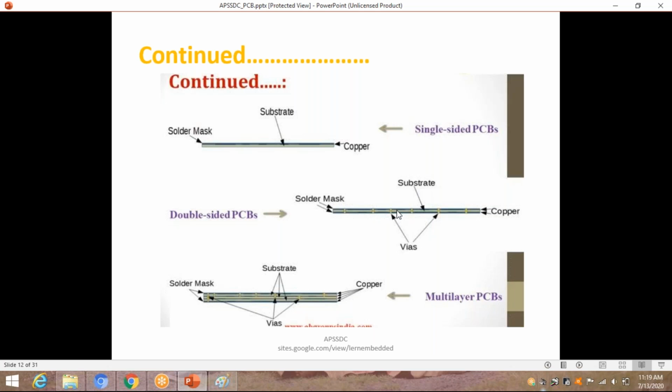As I have already told you, vias, you can observe here, are holes coated with a conducting material from top to bottom. Is it clear up to now? Please someone respond. Yes, sir. Okay, thank you.